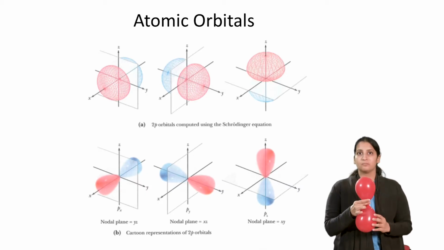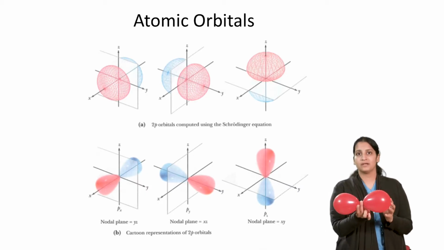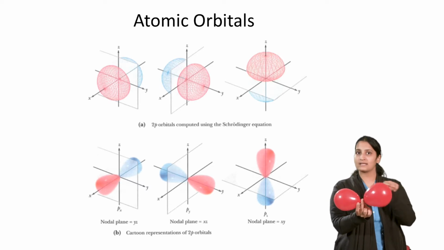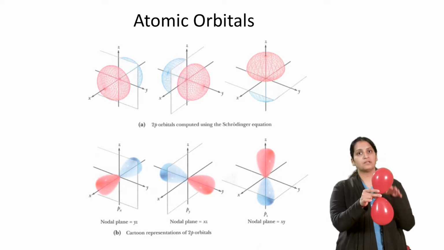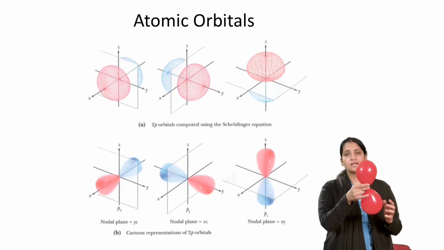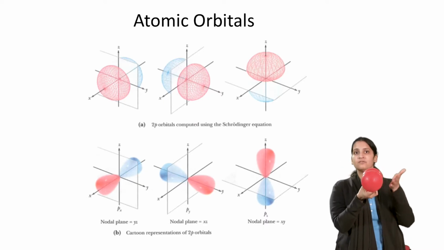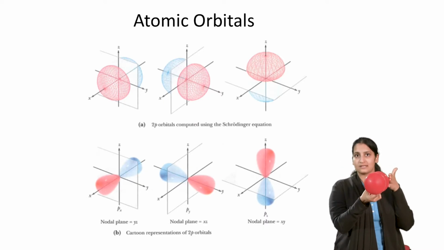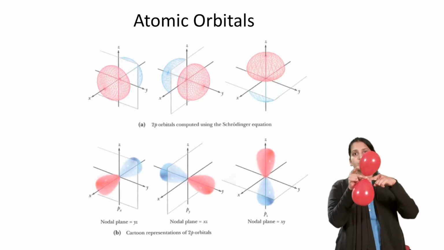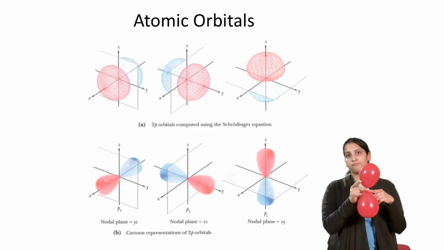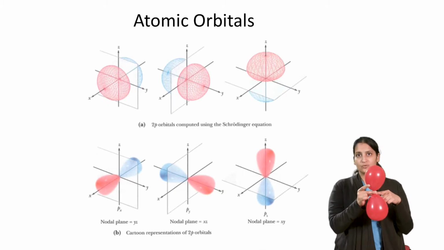And there are three p orbitals. There is a px orbital which is symmetrical around the x axis, then there is a py orbital which is symmetrical around the y axis, and we also have a pz orbital which is symmetrical around the z axis. There is one node in this p orbital where the probability of finding an electron is 0.